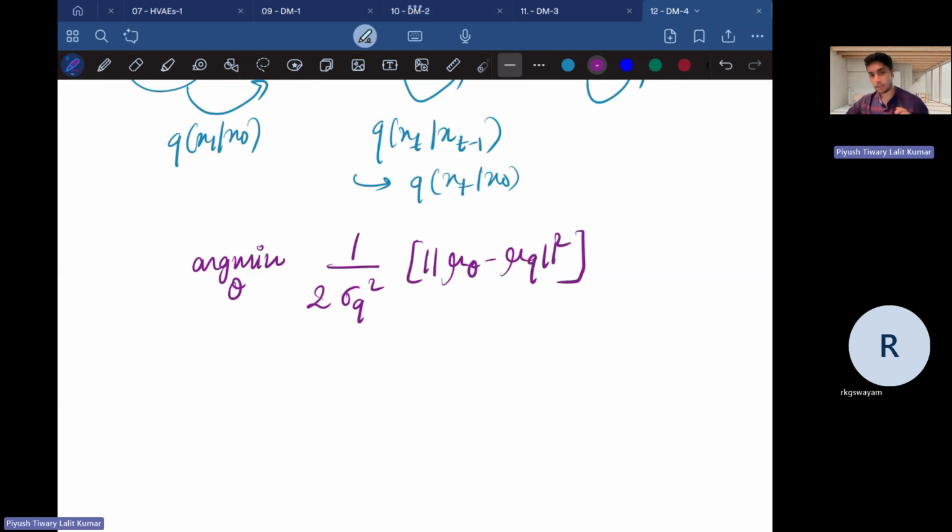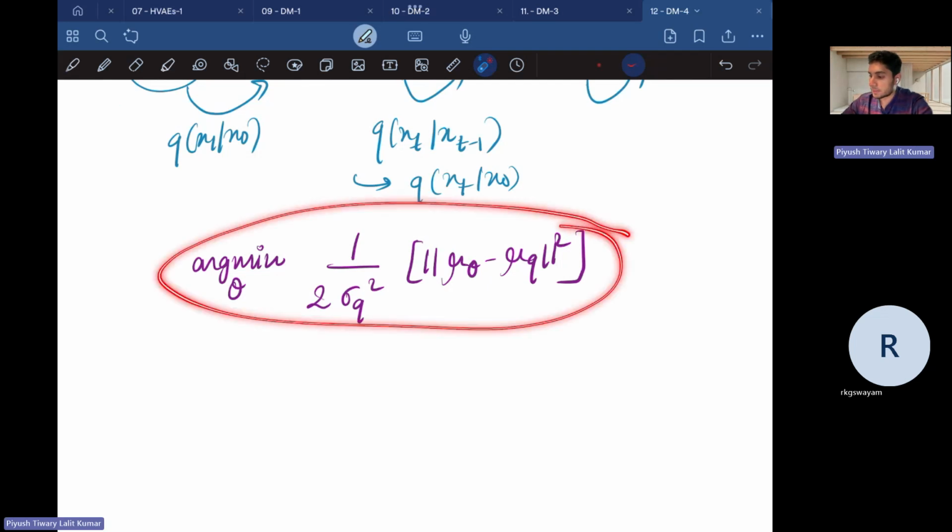So what we are going to see in this last part is that there are three equivalent interpretations of diffusion models. One of them we have already seen.